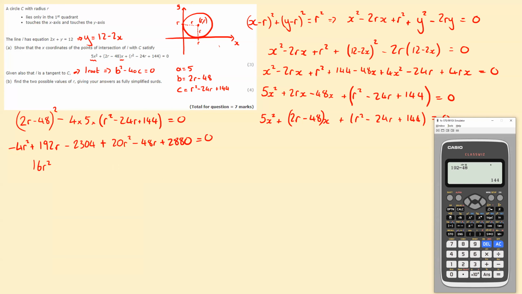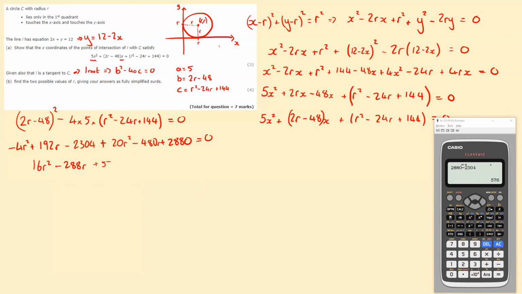Yep, I have rewritten it incorrectly, haven't I? 24 times 20 is not 448, it's 480. I did say that. So 192 minus 480 is much better. Gives me minus 288. Oh, sorry about this. It's slightly later than I expected. 2880 minus 2304 is going to be 576.